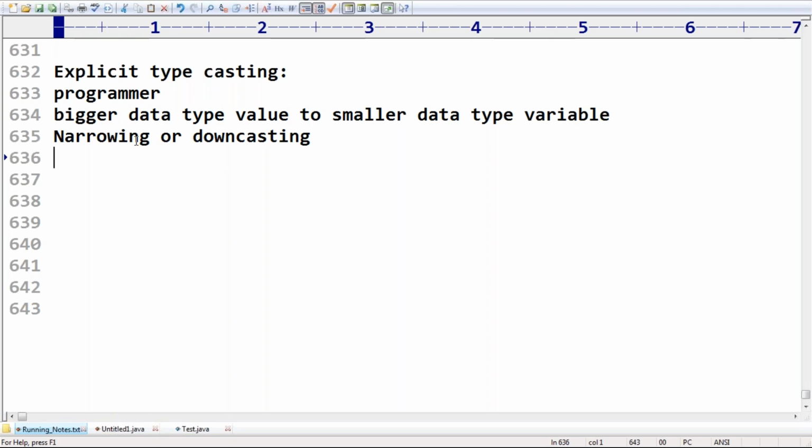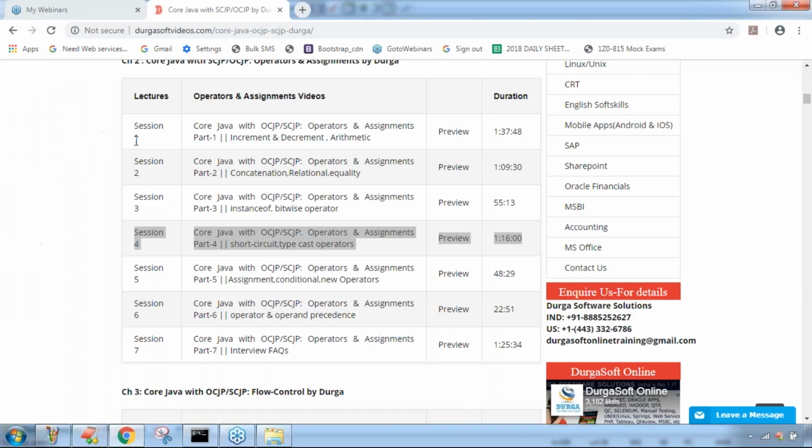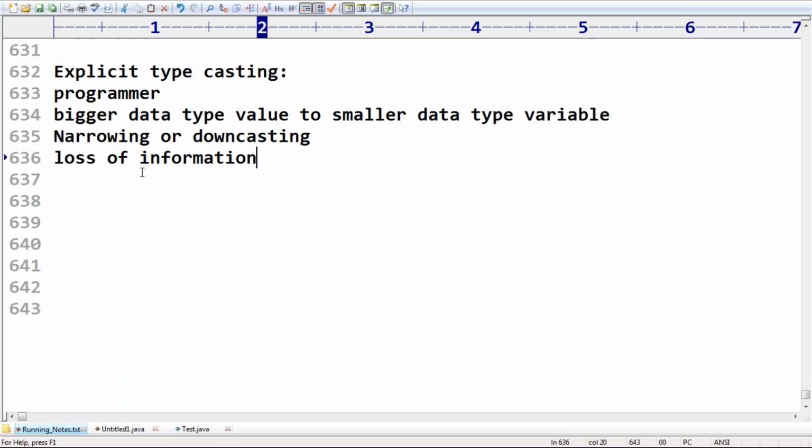Is loss of information there or not? Yes, there may be a chance of loss of information, because I assigned 130, but when I check the output, suddenly I got minus 126. Clear? Are you in the position to understand?